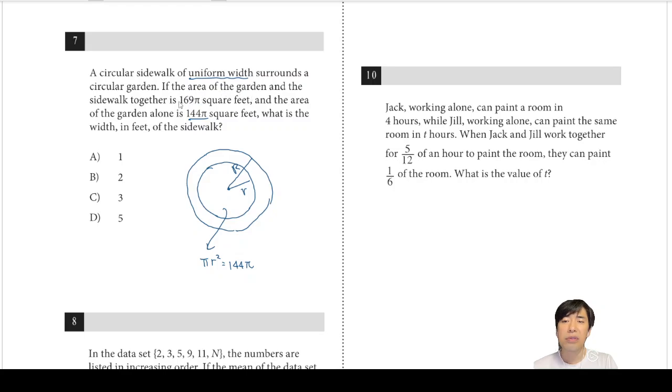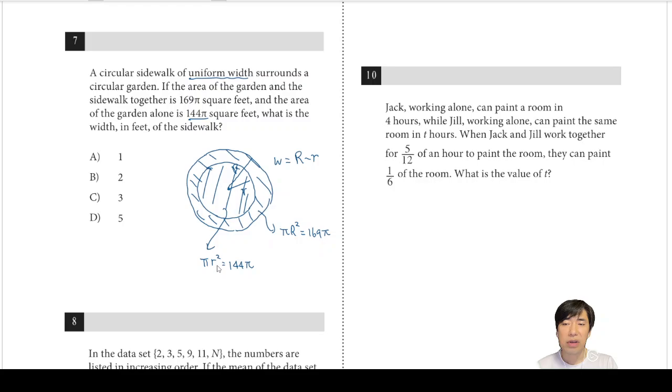If the area of the garden and the sidewalk together, so this area and this area together, so we're talking about the area of the bigger circle, that's pi capital R squared is 169 pi. What is the width in feet of the sidewalk? The width is capital R minus lowercase r.